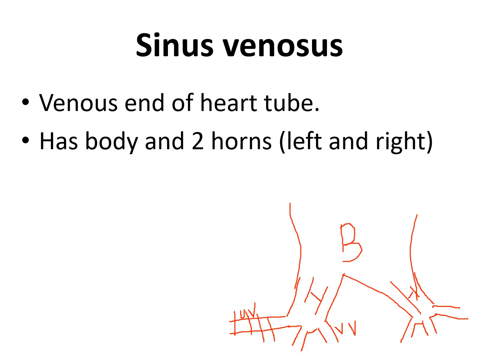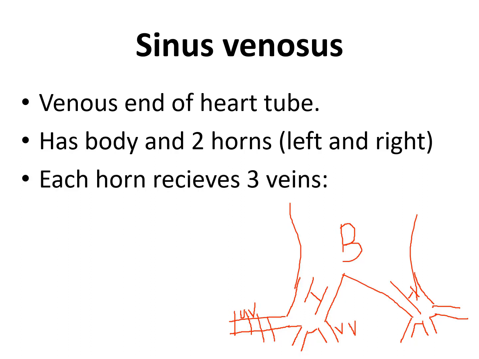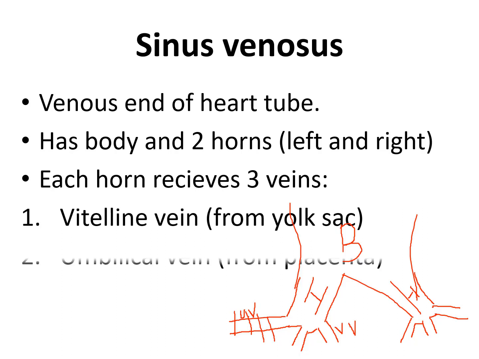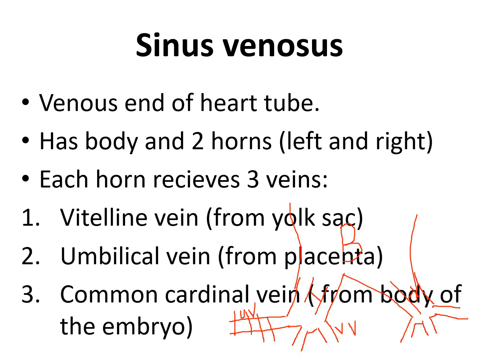So what happens for the sinus venosus? Each horn receives three veins: vitelline vein, umbilical vein, and common cardinal vein, from the body of the embryo, from the placenta, and from the yolk sac.